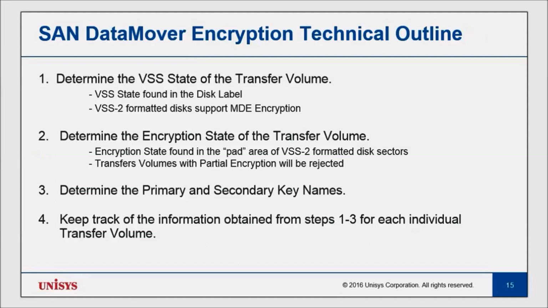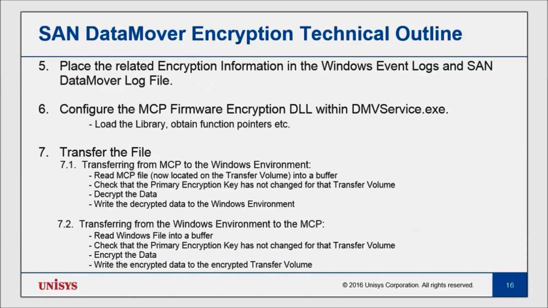Next, we'll determine the primary and secondary key names. Those are the keys that you encrypt with. We'll keep track of the information obtained from the first 3 steps for each individual transfer volume. Continuing, now that we know this information, we'll place it in the Windows event logs in the SAN DataMover log file.